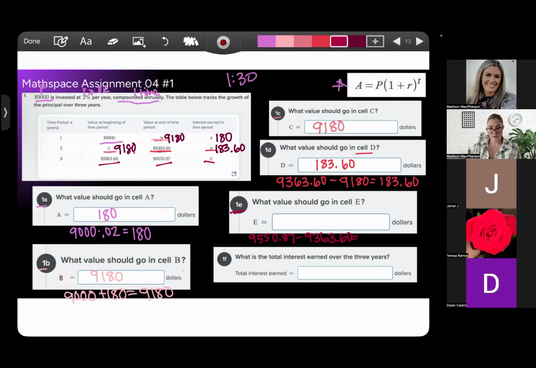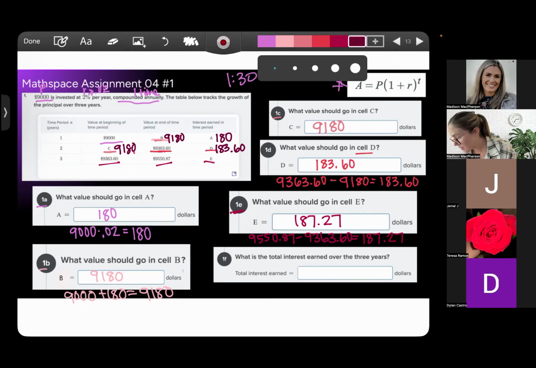Go ahead and put that in your calculator and see what you get. It's good for you guys to test your own calculator work to make sure you know how to use your calculator correctly so that I can answer any questions you have. Okay, and I'm getting 187.27. So 187.27 should go here.